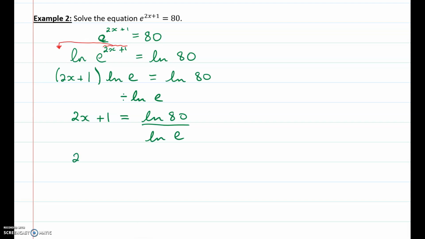One thing you should know is that the log of e is equal to 1. Okay? If you think about why that is, it's because log to the base e of e equals 1.